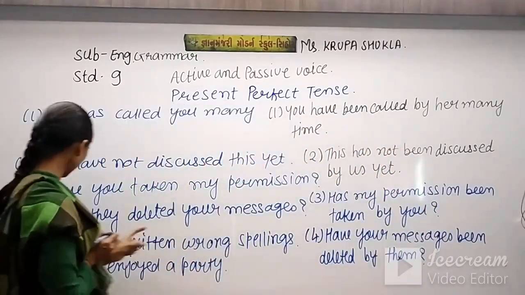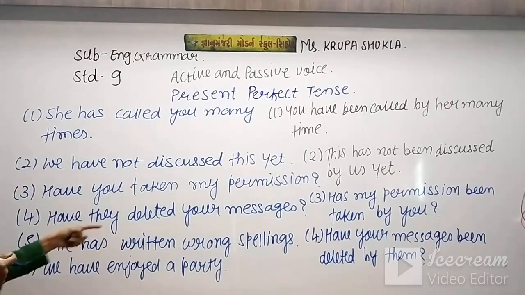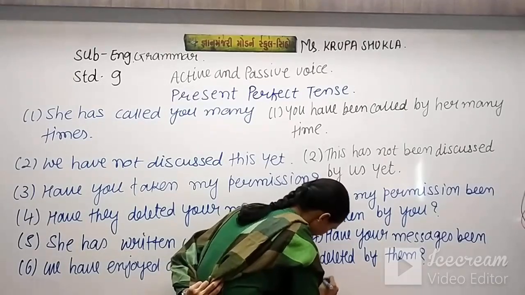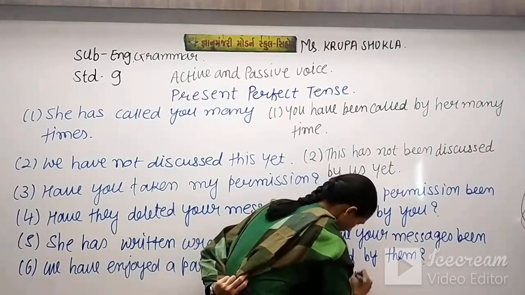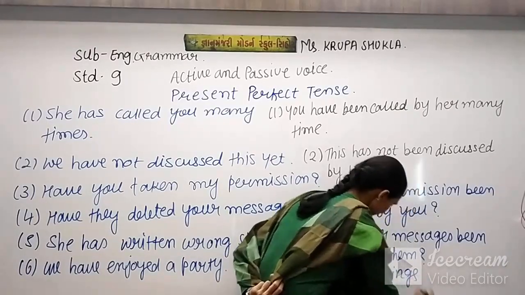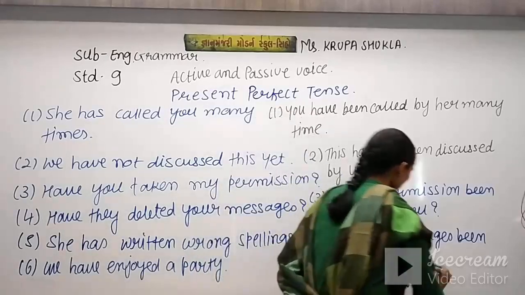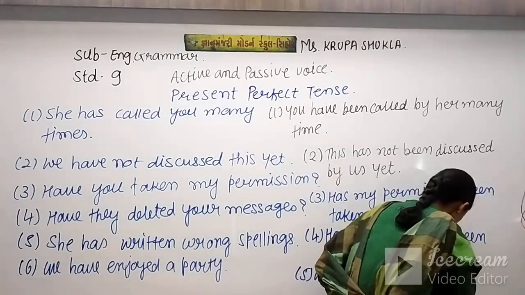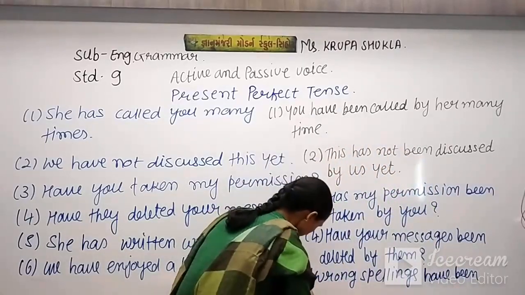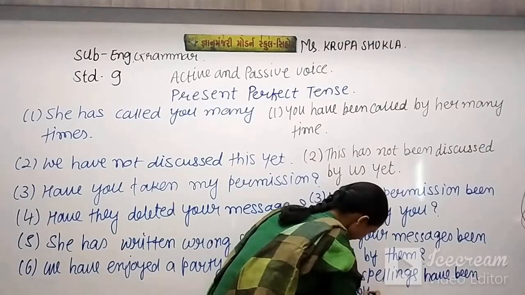Okay. Number 5 is, she has written wrong spellings. So wrong spellings come first. Here the word spellings is plural form: wrong spellings have been written by her.